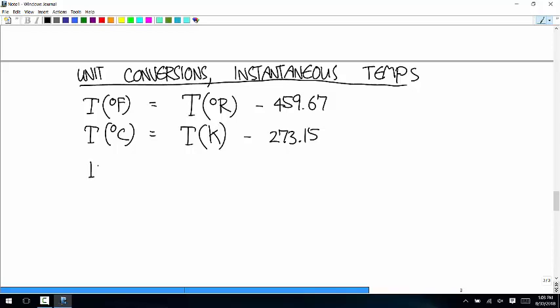And then the temperature in degrees Fahrenheit is equal to, nope, these are different scales, 9/5 the temperature in degrees Celsius plus 32.